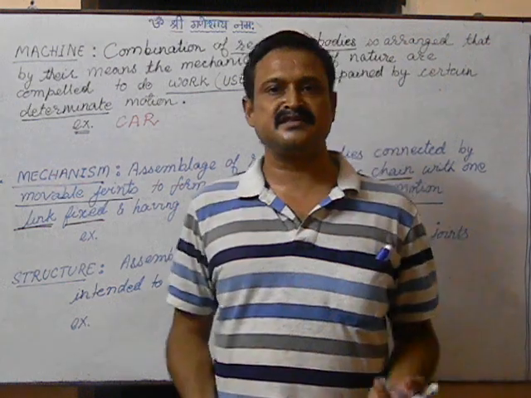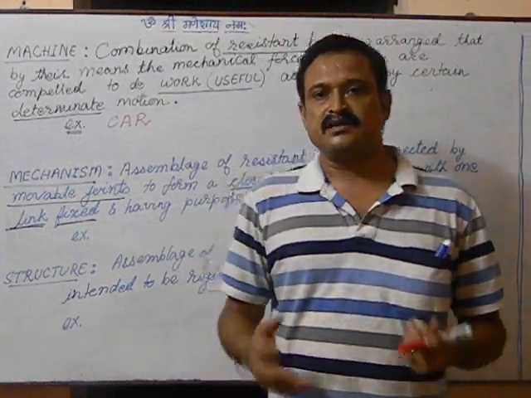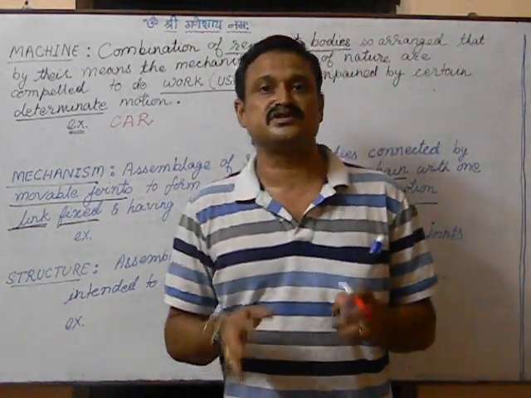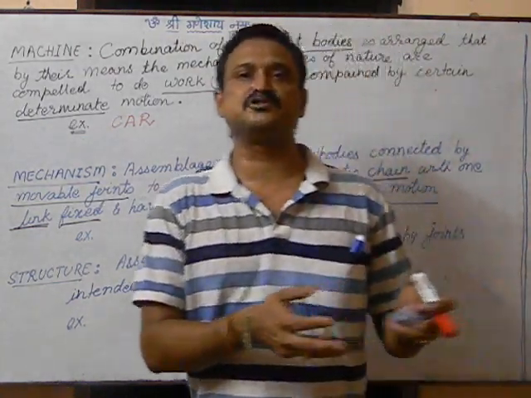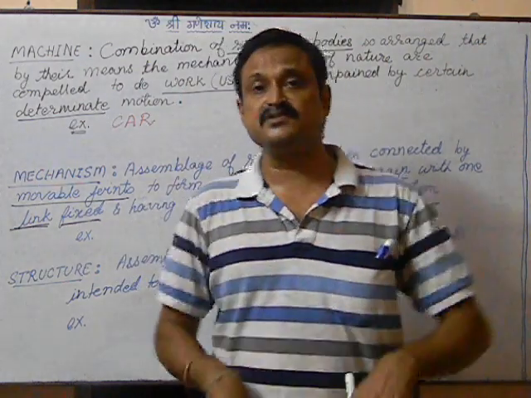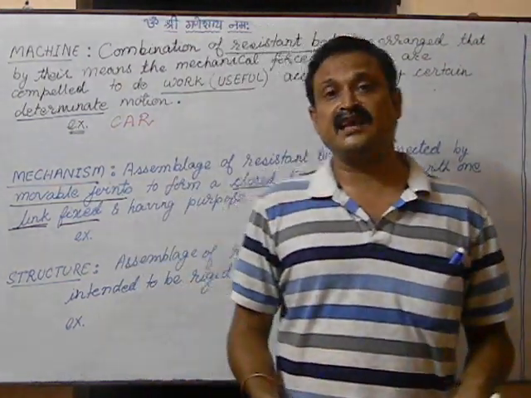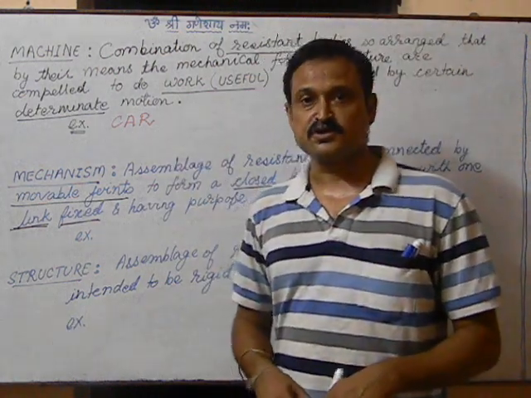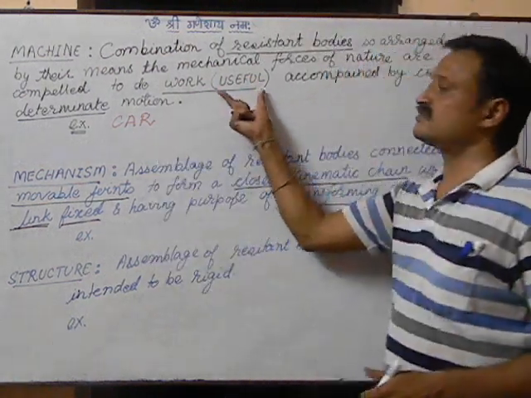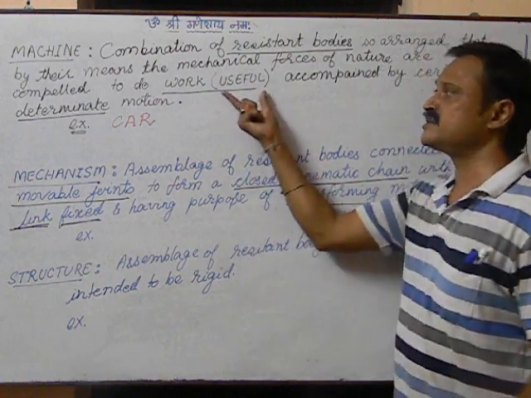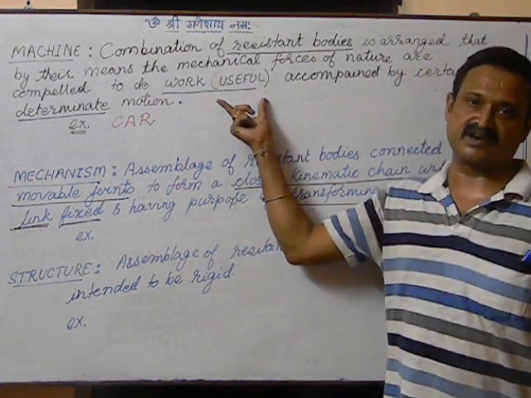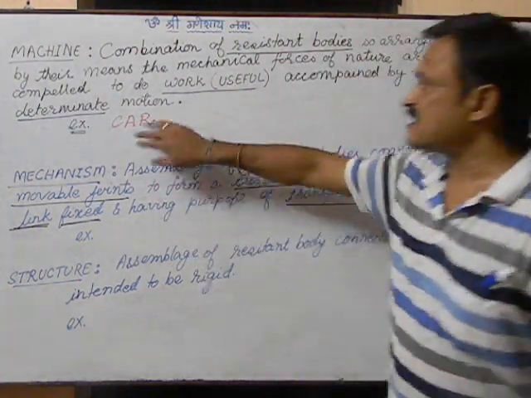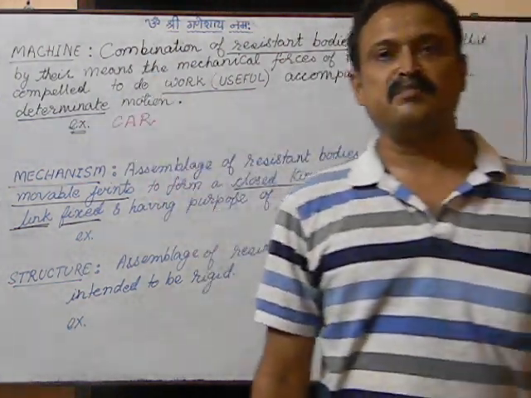A car has considerable weight, so the engine or the arrangement of the car is not such that it is able to carry only its own load. As well as its own load, it can carry a number of people sitting in it. So there we are counting it. That work we are calling a useful work, right? So a car comes as an example of a machine.